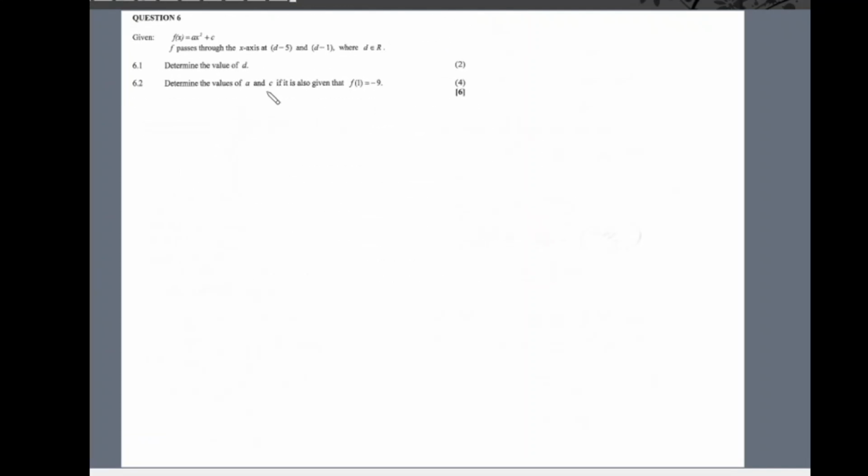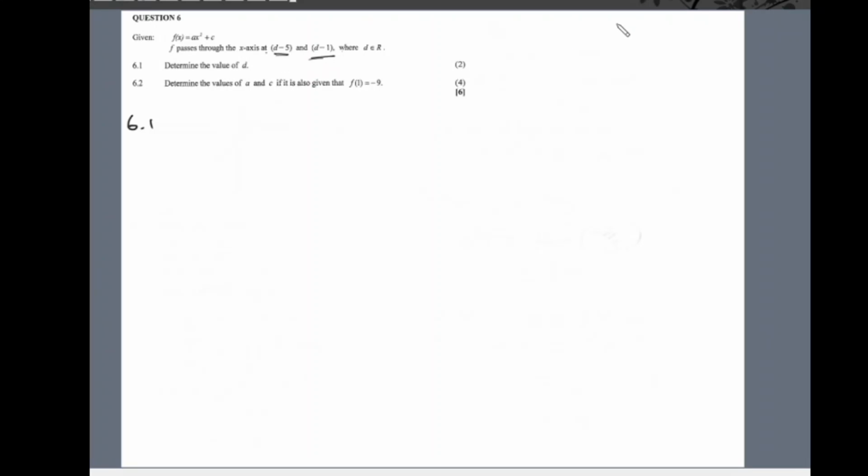The given f of x is equal to ax squared plus c. f passes through the x-axis at d minus 5 and d minus 1, where d is an element of the real numbers. We have to determine the value of d. In order to determine the value of d, we have to know what this means. To say f passes through the x-axis means these are the x-intercepts.